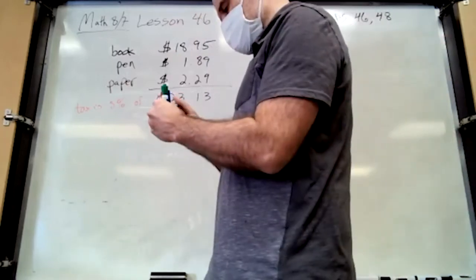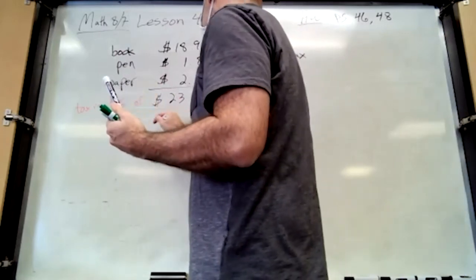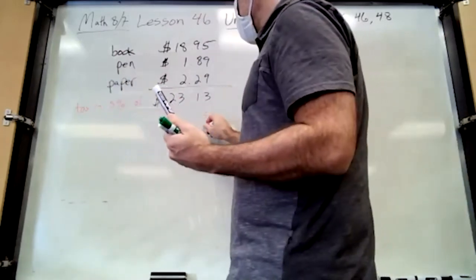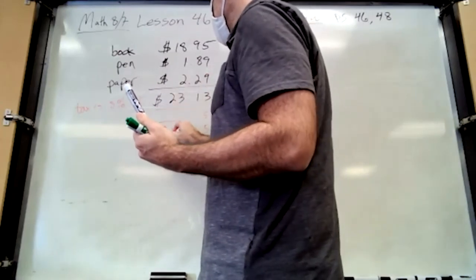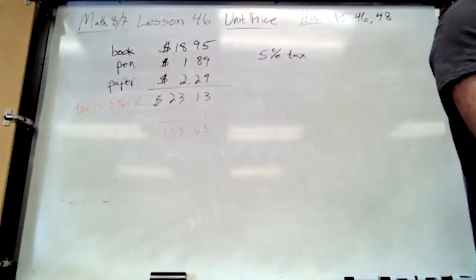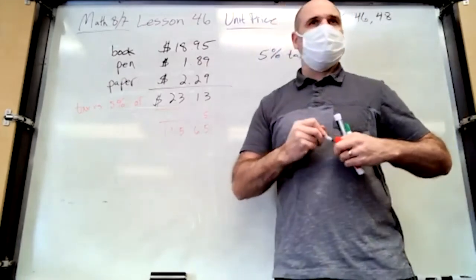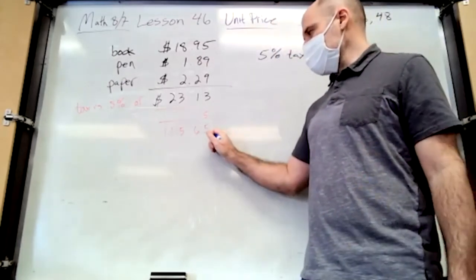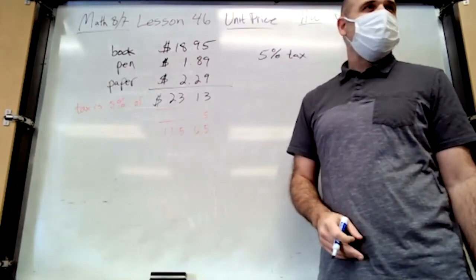So if you multiply by 5, then you get 1156.5. And then what do you do with that number? Move the decimal point? Yeah, where do you move it? You go 4 spaces, right?